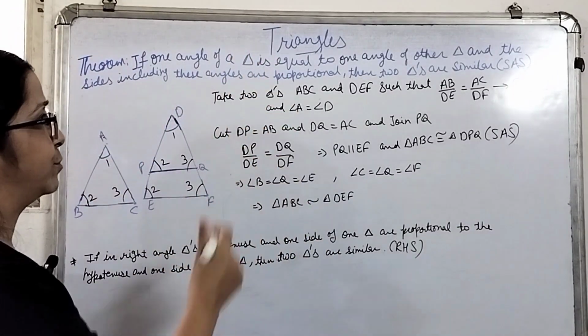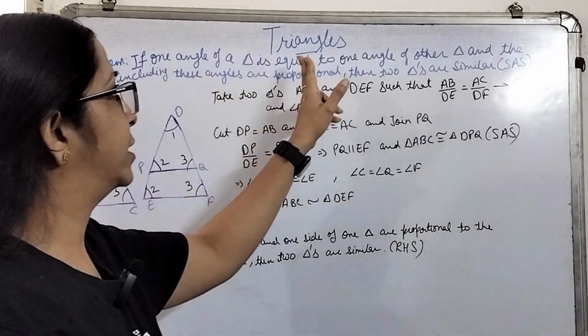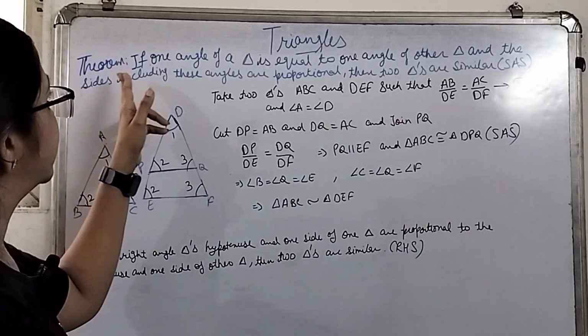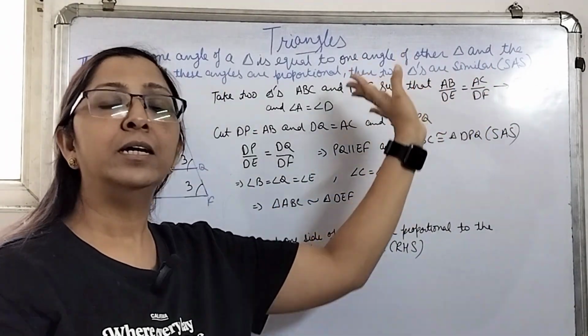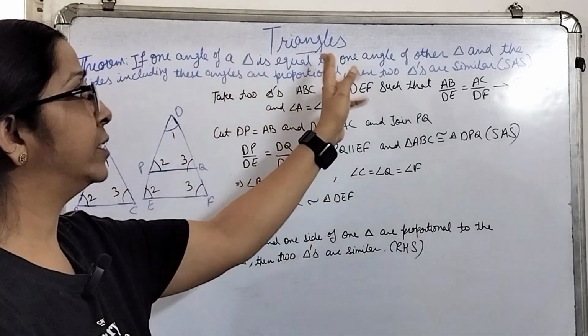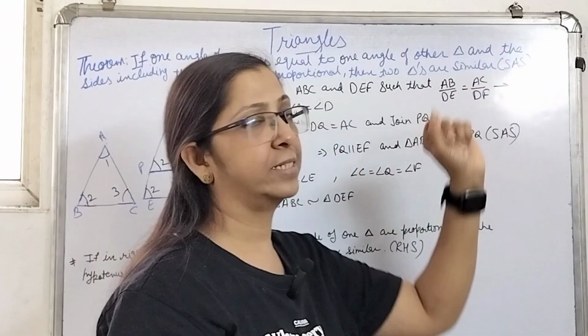So this is how we can prove that the two triangles will be similar if one angle of a triangle is equal to one angle of the other triangle and the sides including these angles are proportional. By SAS criteria, they will be similar. We need not prove it. Simply if it is given, we can say that the two triangles will be similar by SAS criteria.